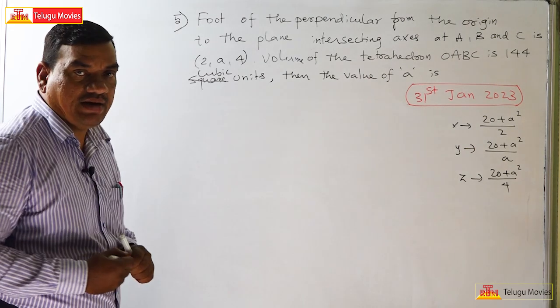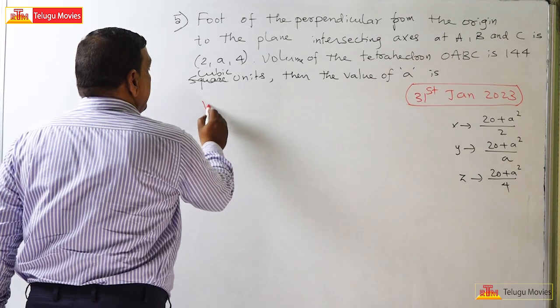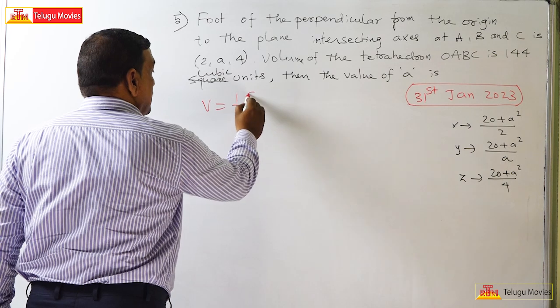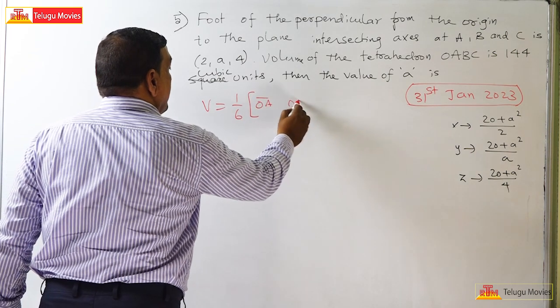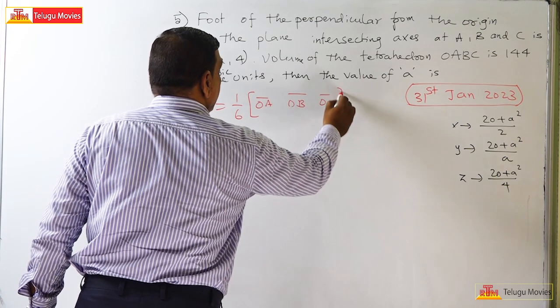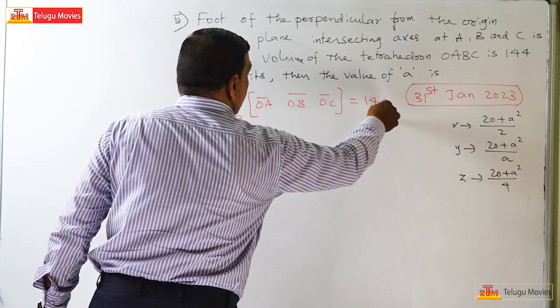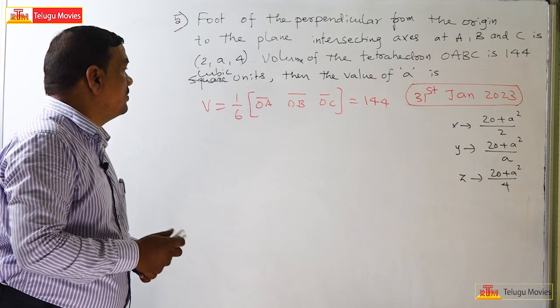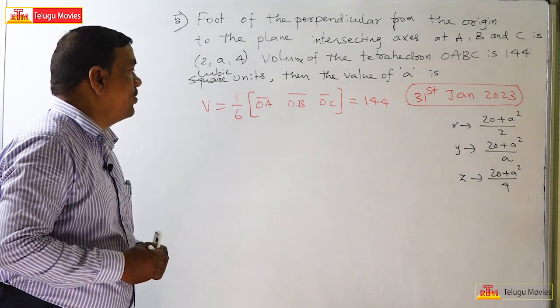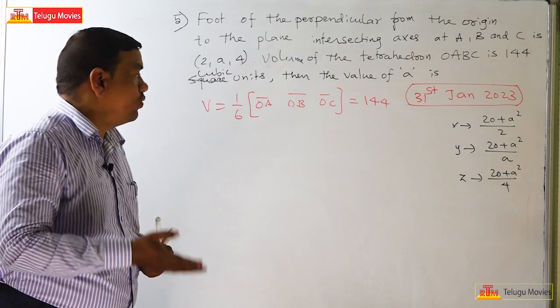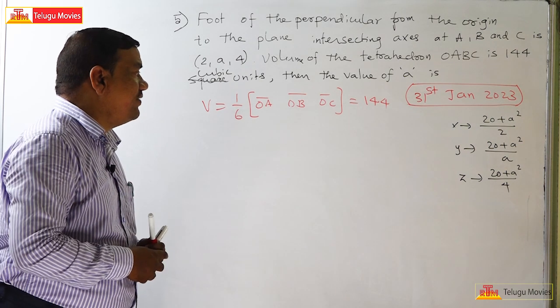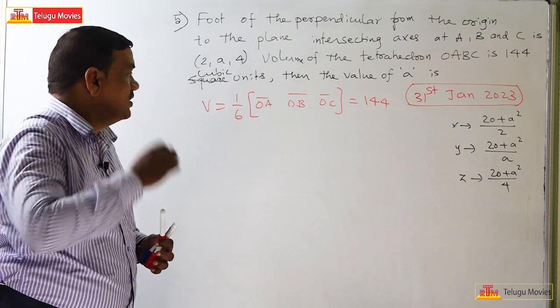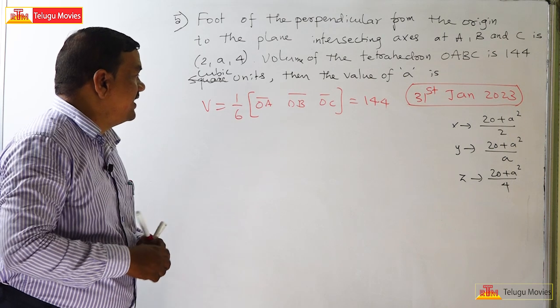The volume of the tetrahedron OABC is 1/6 of the box product of OA bar, OB bar, OC bar, and this is given as 144.